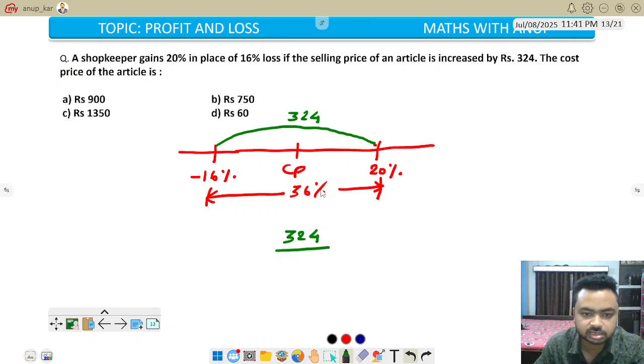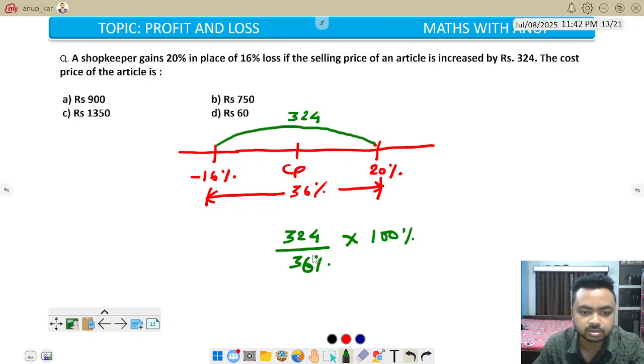Upon what percentage is it being increased? The gap is 36%, isn't it? And we have been asked to find the cost price. The cost price we are definitely considering as 100%. So what can I do?